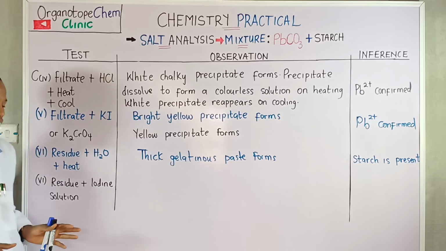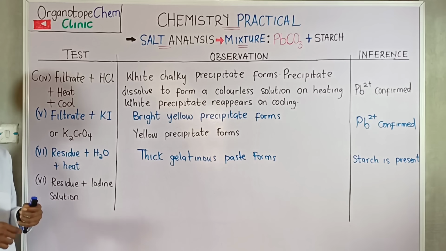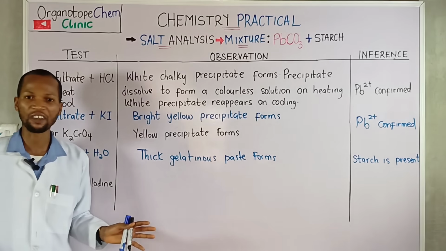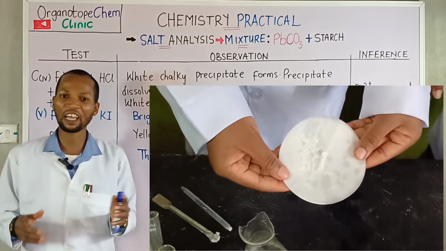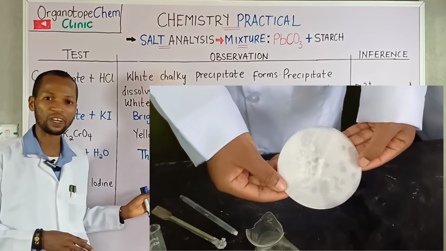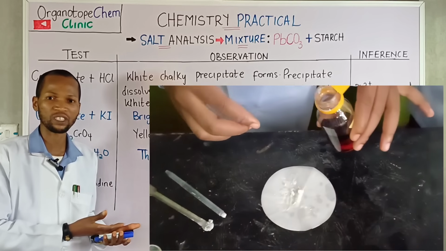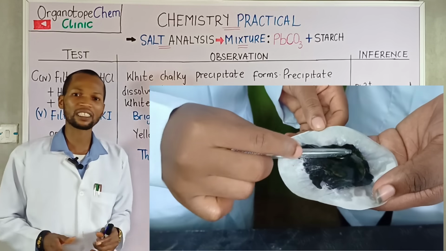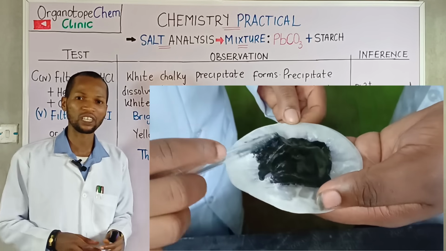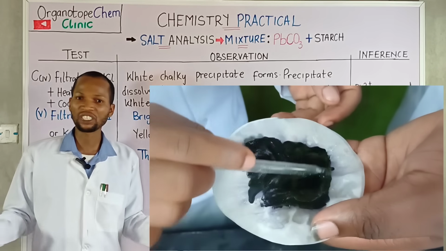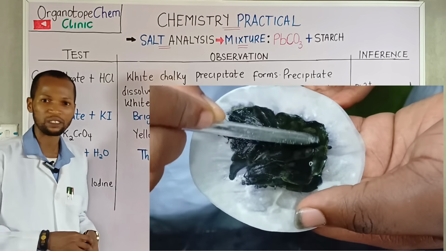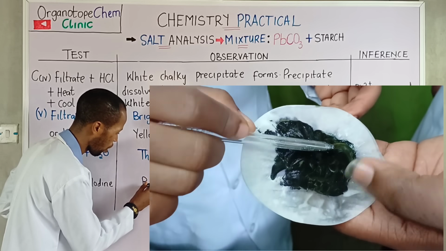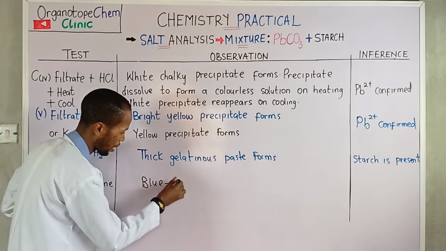Moving on, we have the last test to be conducted on the residue gotten from the filtration process. The test is iodine test. We are going to add iodine solution to the white residue on the surface of the paper, and we are going to observe the color change. It can be observed that a blue-black coloration forms on addition of iodine solution to the white residue.